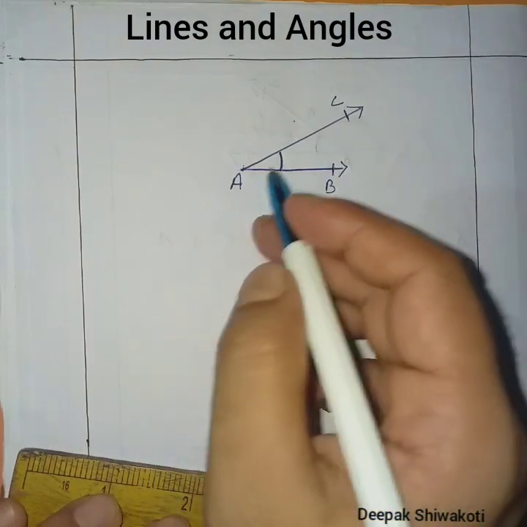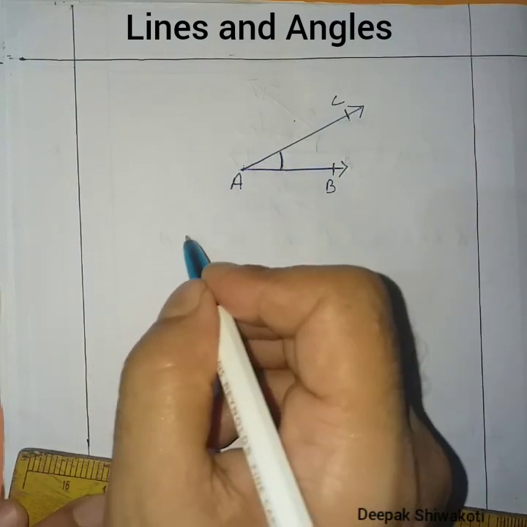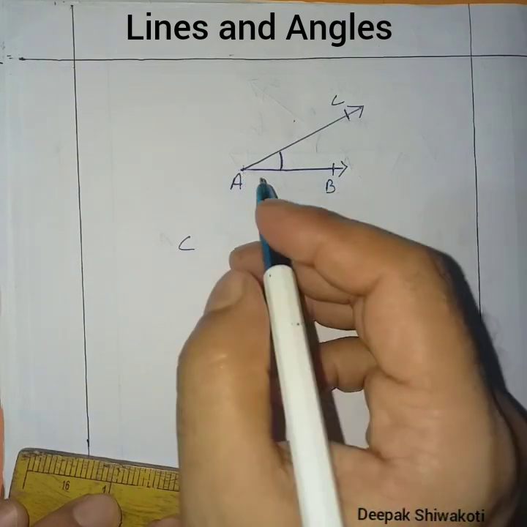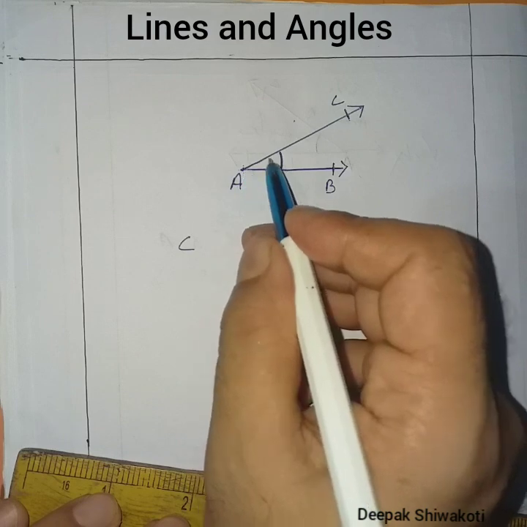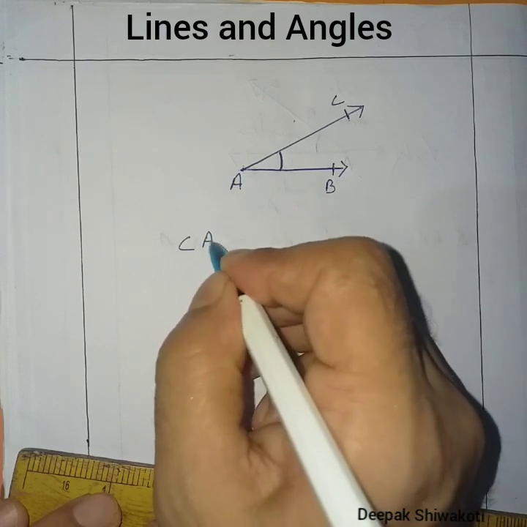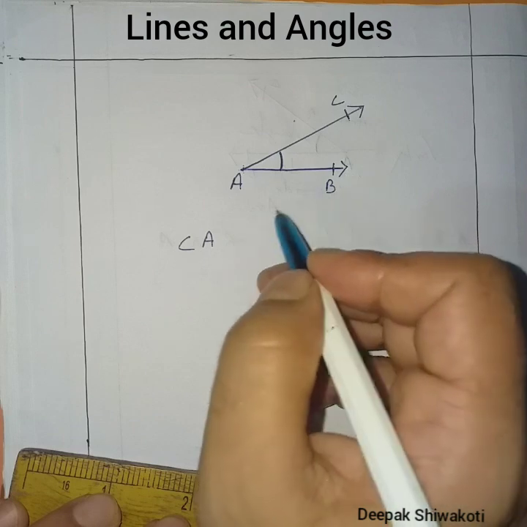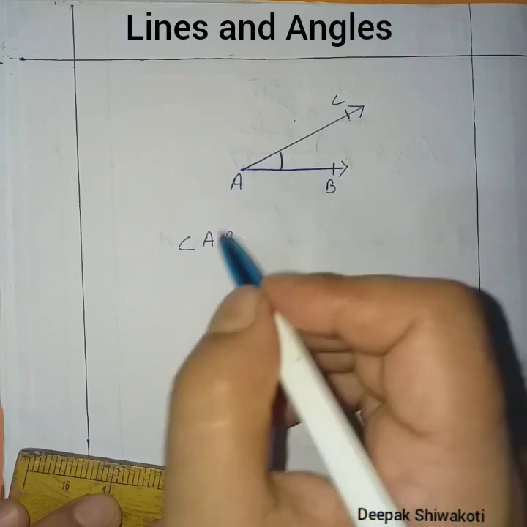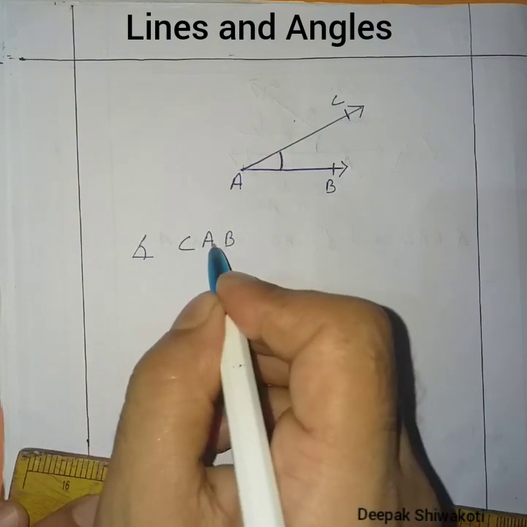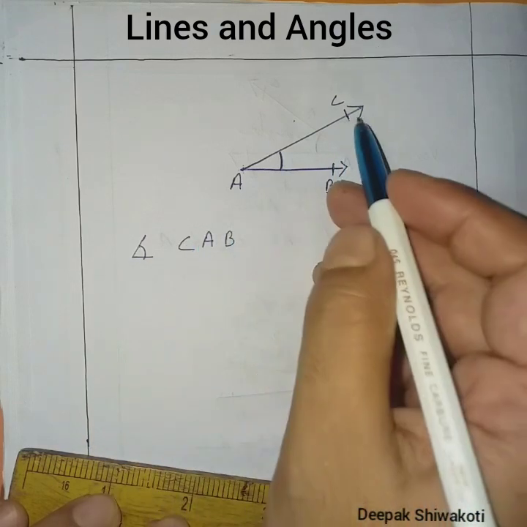Now the name of this angle will be any point on this arm, that is C, and the vertex, the common initial starting point, is called the vertex of the angle, which is A, and any point on the other ray, that is B. So the name of this angle is angle CAB. This is the symbol to represent the angle. Okay, CAB.